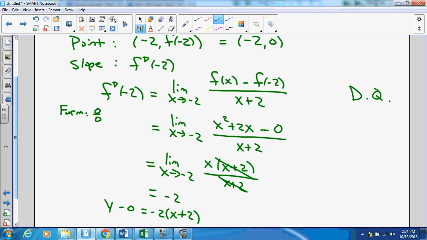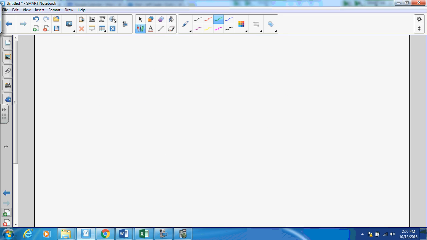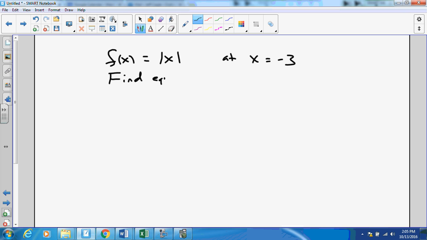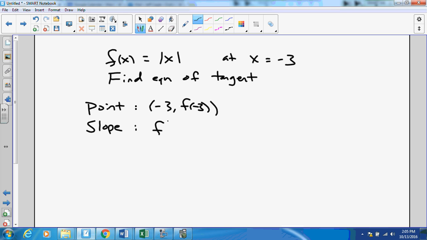Okay. What about this one? Okay. So we need point and slope. Negative 3, f of negative 3 to get our point. We're going to label our slope as f prime of negative 3.